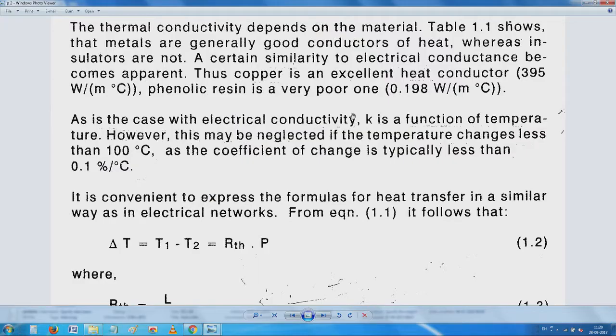In case there is already some deterioration of the material, it fails automatically, which is a little related to this K. The thermal conductivity is also a function of temperature, but it is very low, because typically it is less than 0.1% per degree centigrade. So, we are saved on those things.